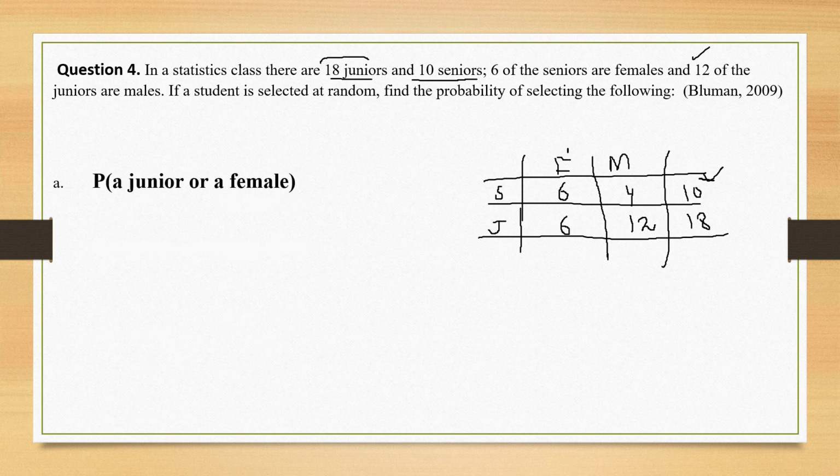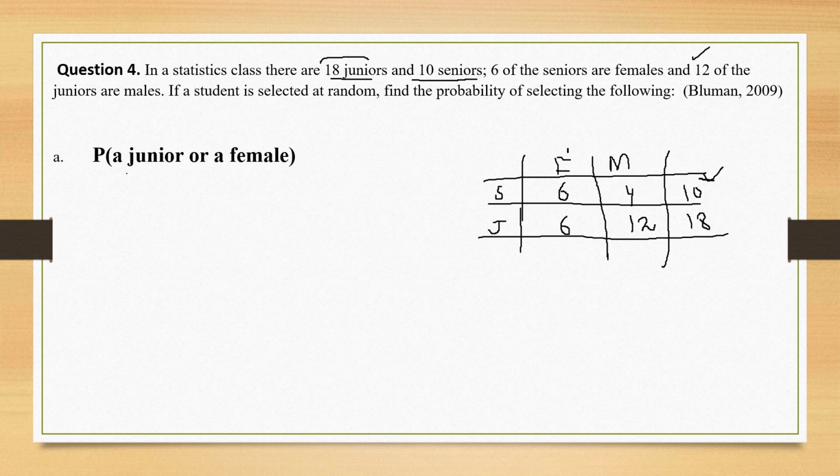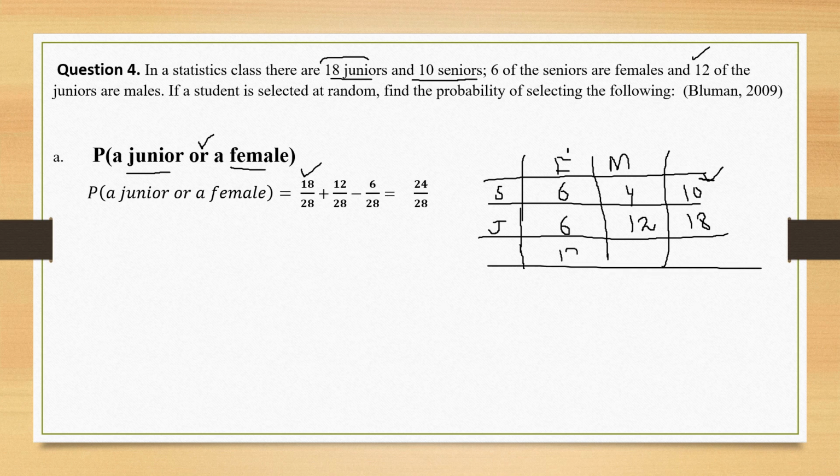Now we need to find the following: what is the probability that a randomly selected person is a junior or a female? Total juniors we have 18 by 28, or means put a plus sign, and total number of females we have 12, total number of males we have 16, and total students we have 28. This T is for total. Look at the question again.